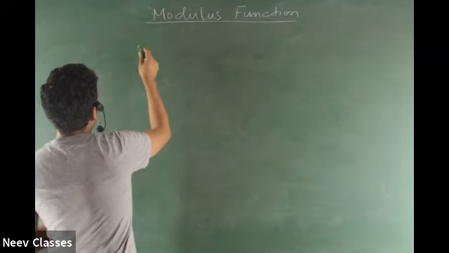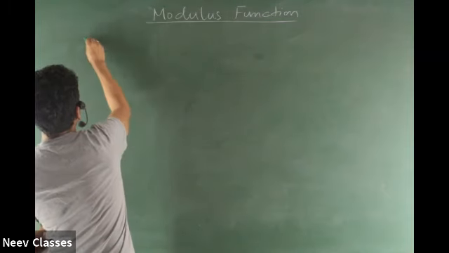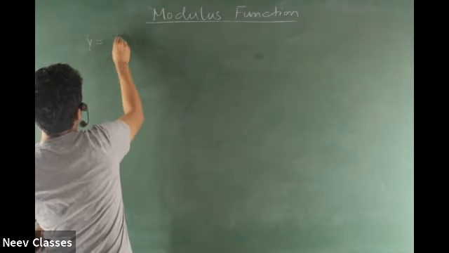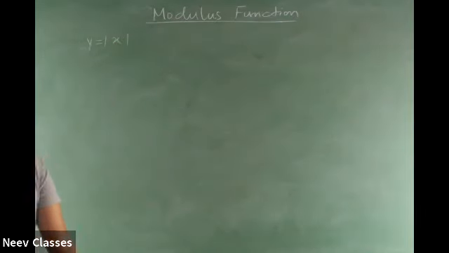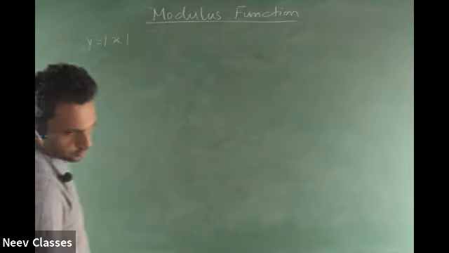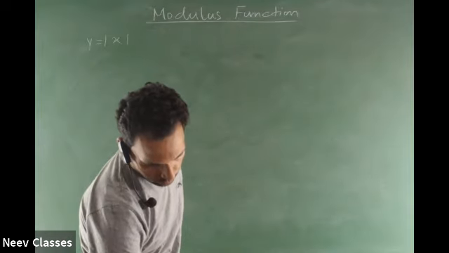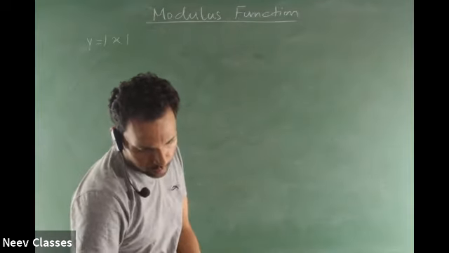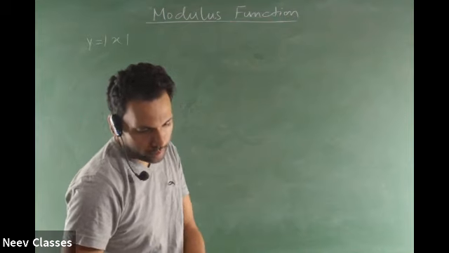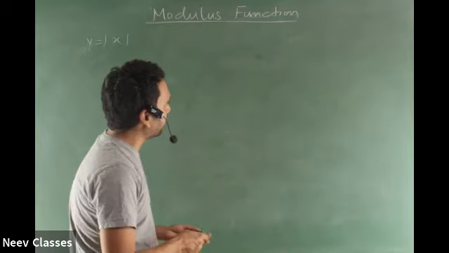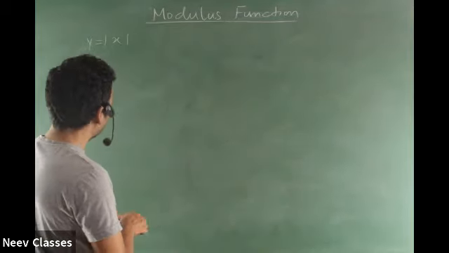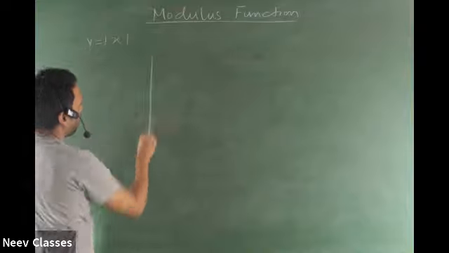So everybody in your notebook draw y is equal to mod x graph. How do you plot? You actually take some values, x is equal to 0, 1, 2, minus 1, minus 2 and plot it out. Is it slightly curved, or all straight? They're all straight.